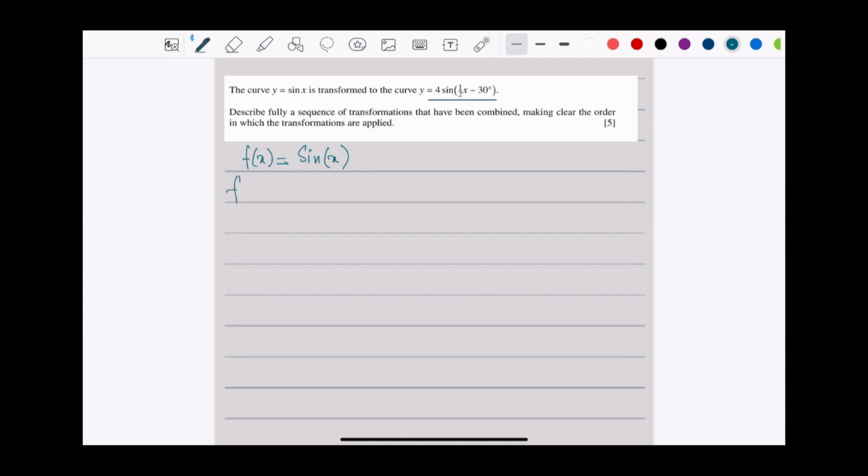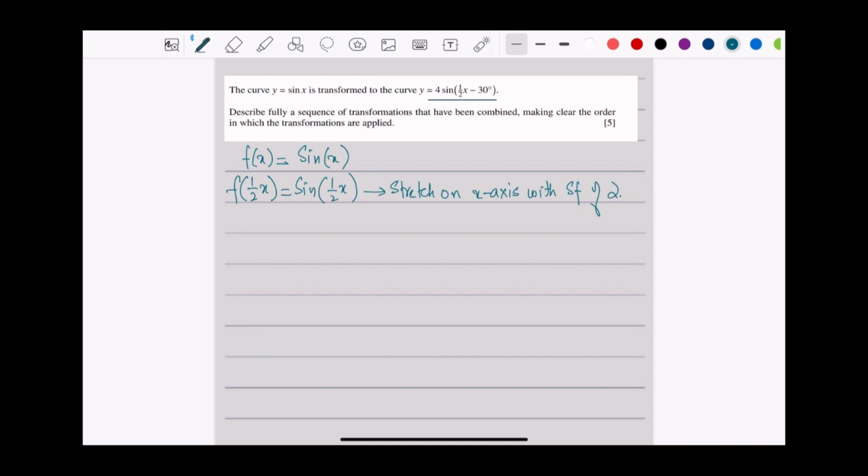Now next step, f of half x is equal to sine 1 over 2x. I will write stretch on x-axis with scale factor of 2. 1 over 2 means scale factor of 2.